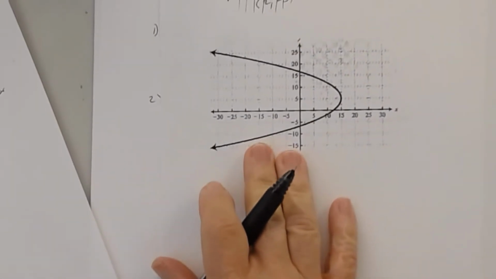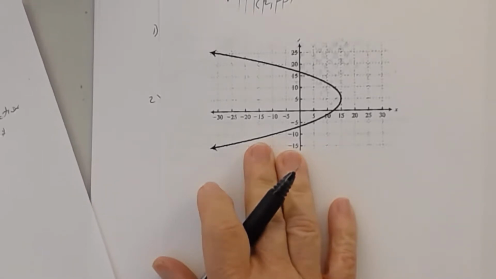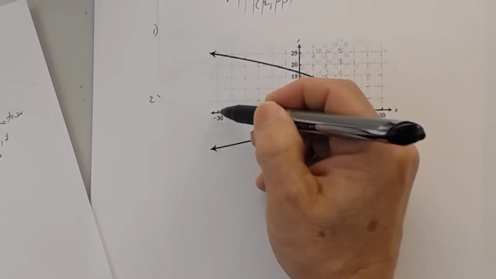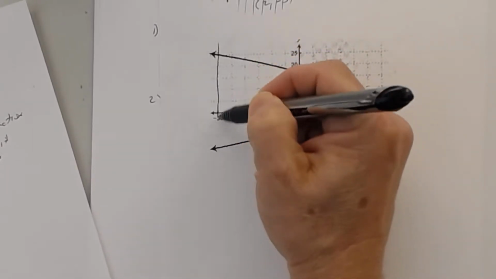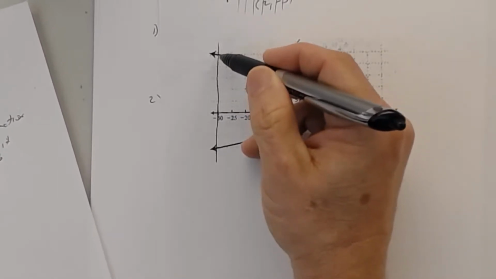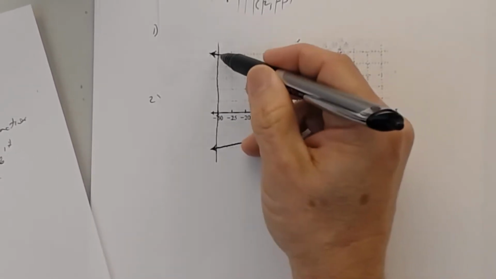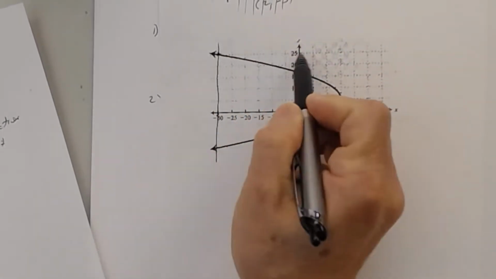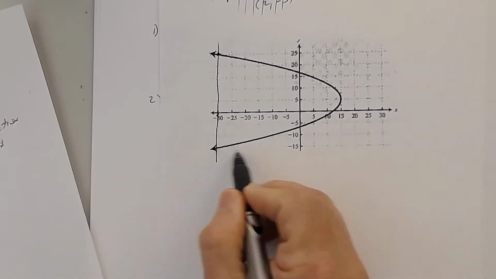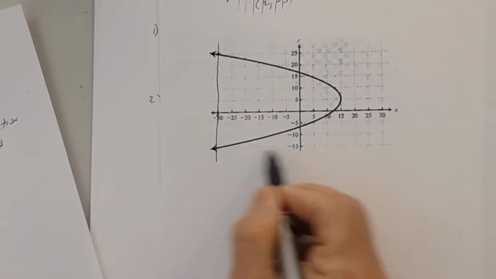What about this one? Is that a function? No. Because when x is -30 right here, if I just draw a vertical line, it intersects the graph how many times? Twice. That means when x is -30, I have this y value of 25 and I have a y value of what? -15?